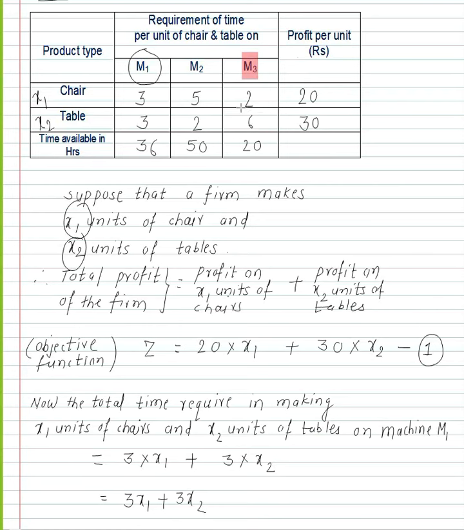Each chair requires 2 hours on machine M3, so x1 units of chair will require 2 into x1 hours on machine M3.